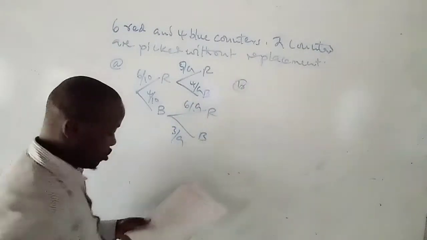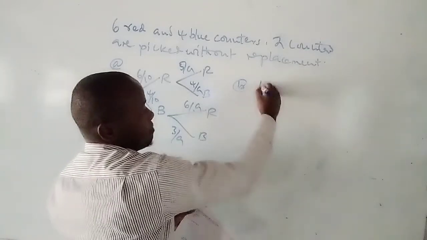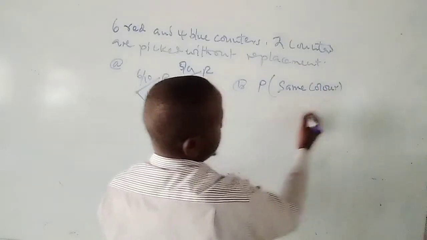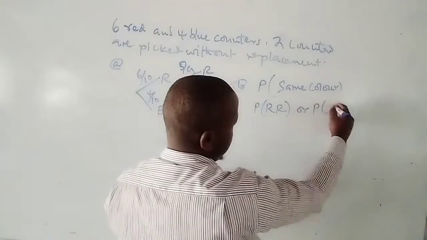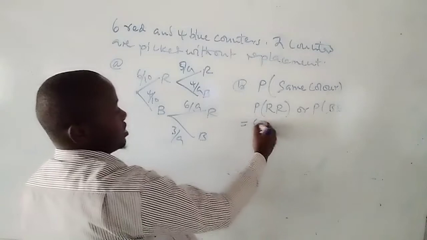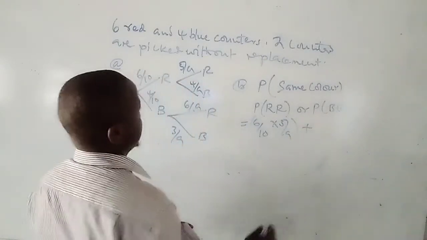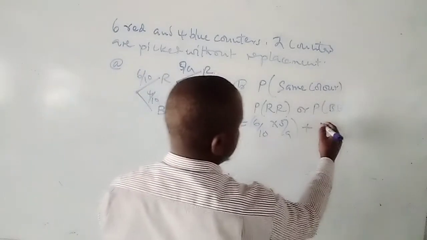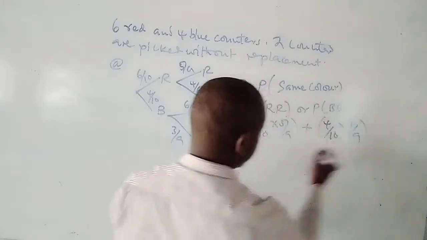Then part B, we are asked to find the probability that the 2 counters picked are of the same color. So it will be the probability of either red, red, or blue, blue. So this will be probability red, 6 over 10 times 5 over 9, plus blue, 4 over 10 times 3 over 9.